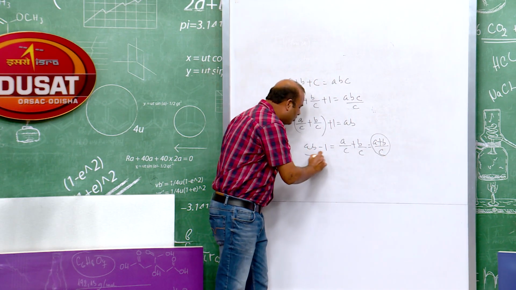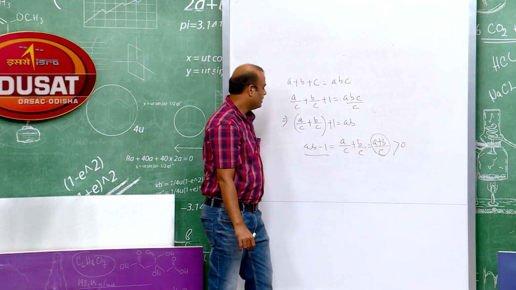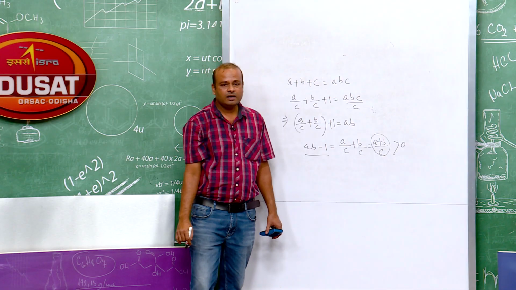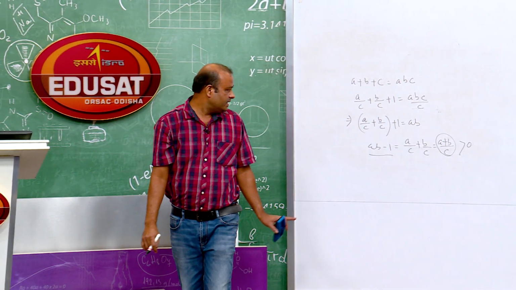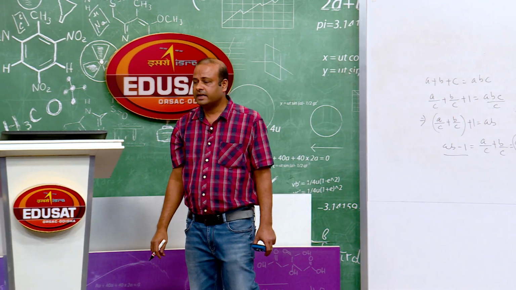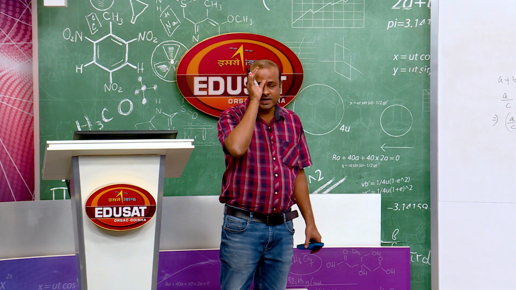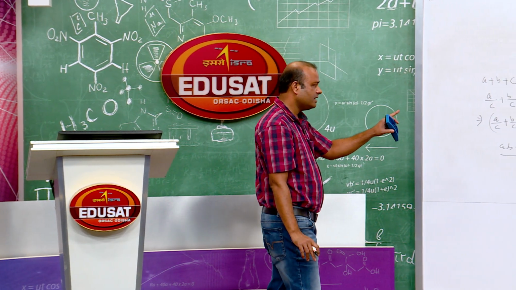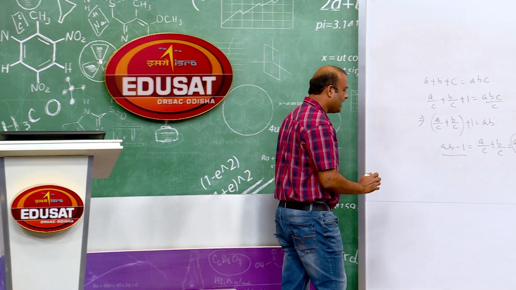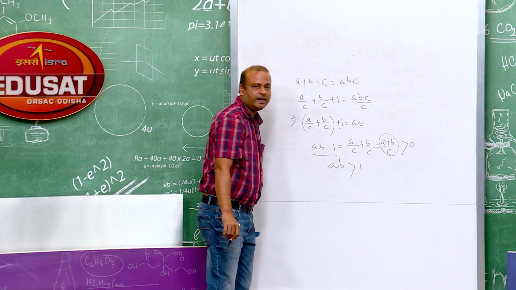So this one is also positive, so it is greater than 0. That is AB minus 1 is equal to A plus B by C, A plus B by C greater than 0. So this implies AB greater than 1, because AB minus 1 is greater than 0. So this implies AB greater than 1, right?